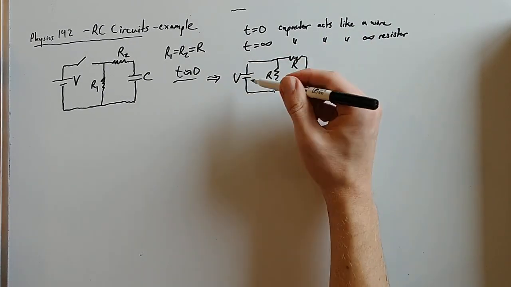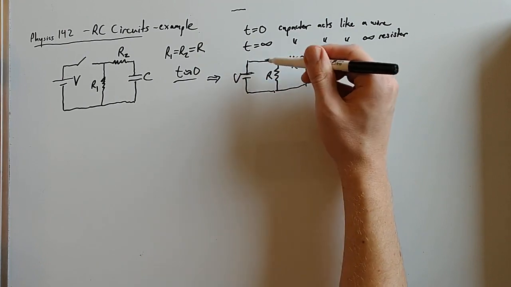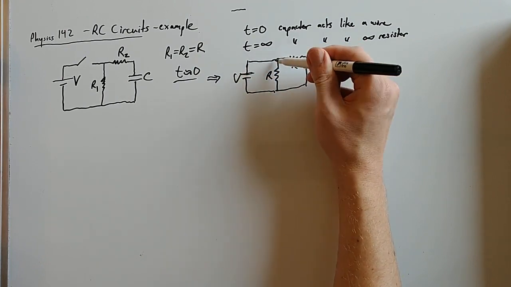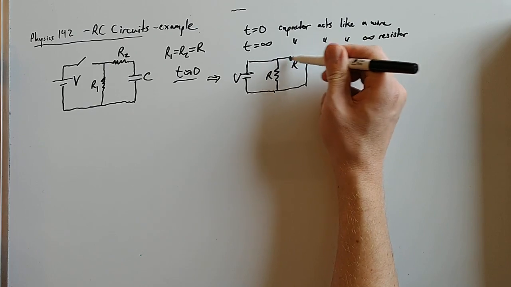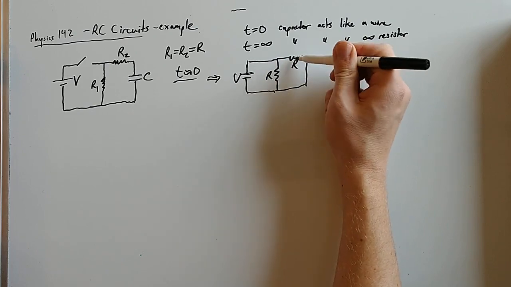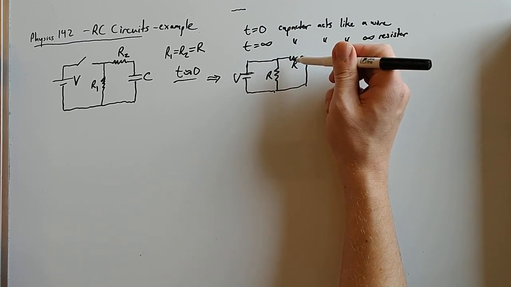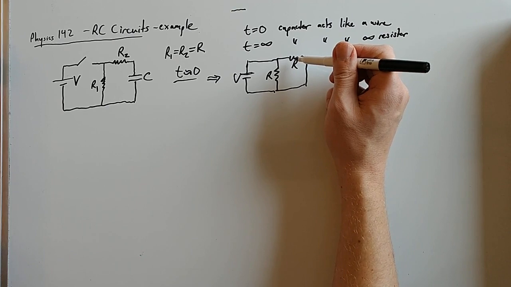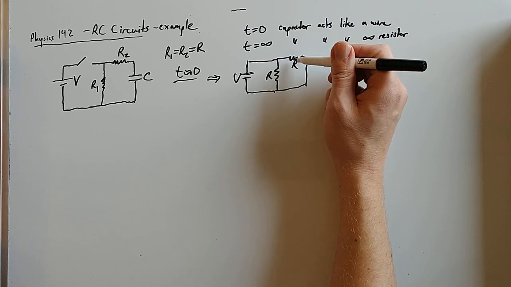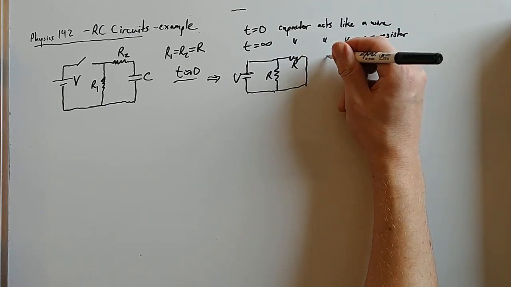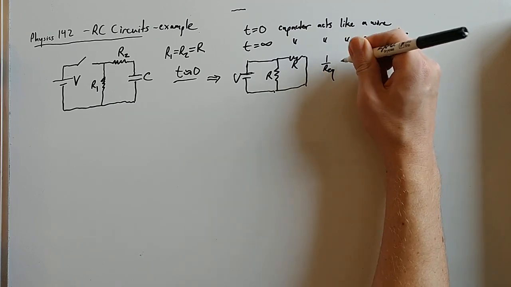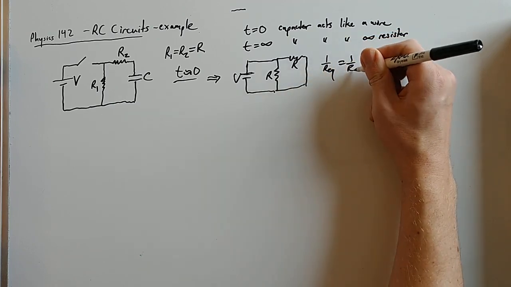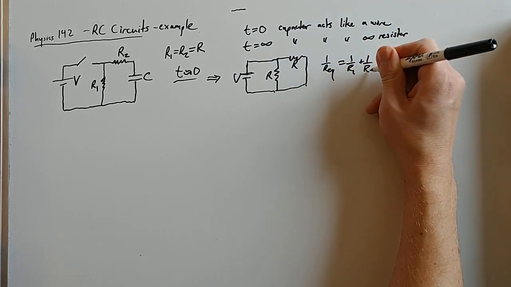And this is just two resistors that are in parallel, because you go along, you have a choice. It's a split. So these two must be in parallel with each other. Two resistors in parallel, we can calculate that resistance. 1 over the equivalent resistance is 1 over R1 plus 1 over R2.